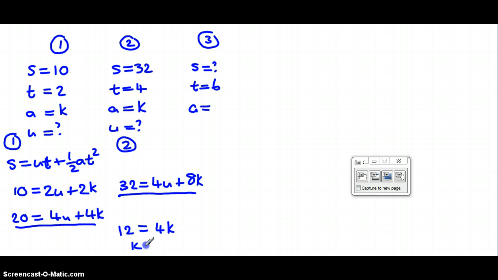That tells us that our constant acceleration is 3 meters per second squared, which will prove useful for working out our distance.